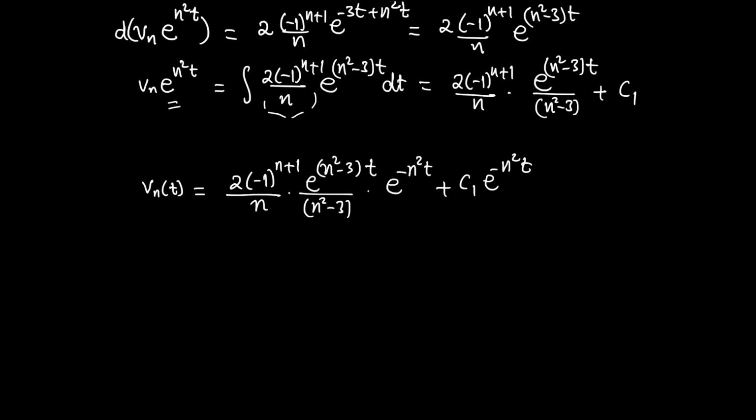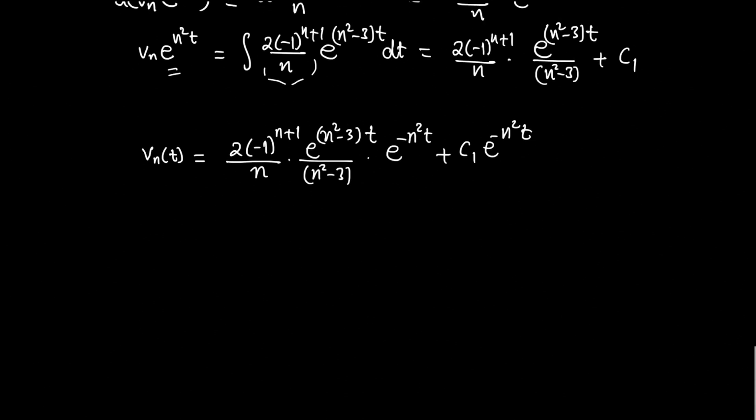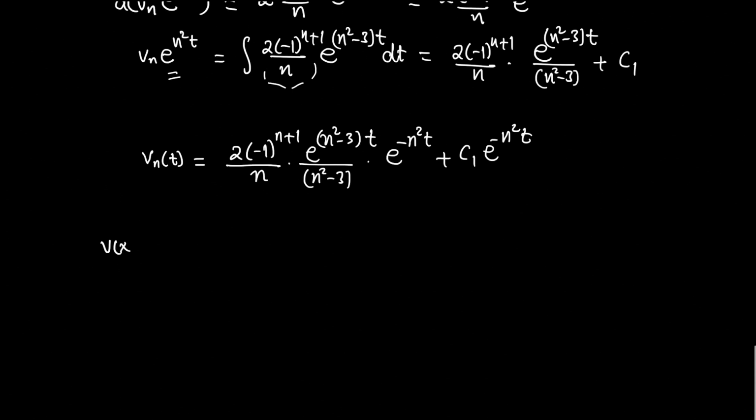So then I just write my v(x,t) that I'm looking for, which is equal to u(x,t), as you remember in the beginning, is just the summation n equals 1 to infinity of Vn(t) sine of nx.